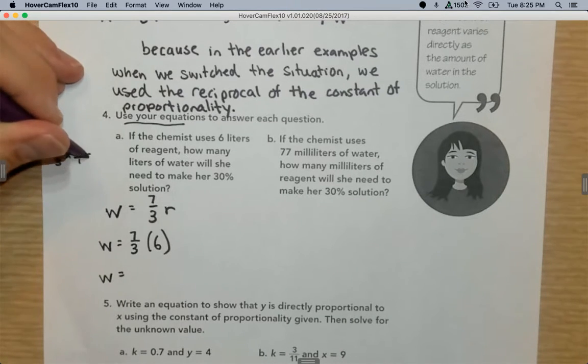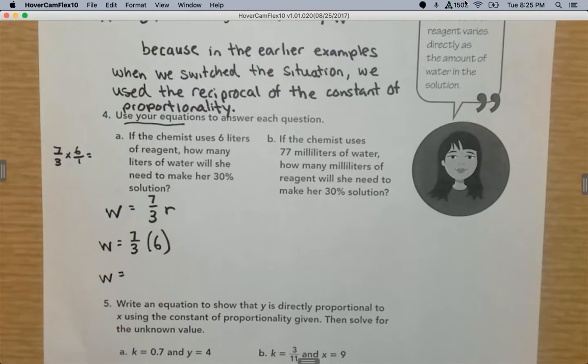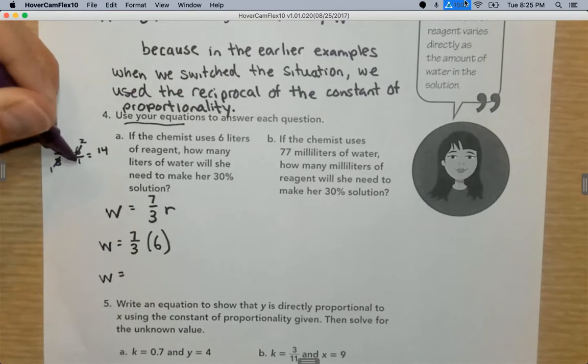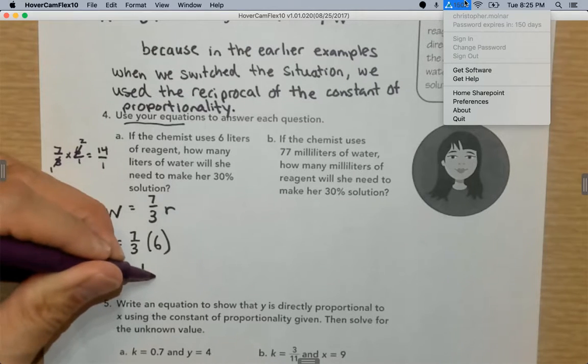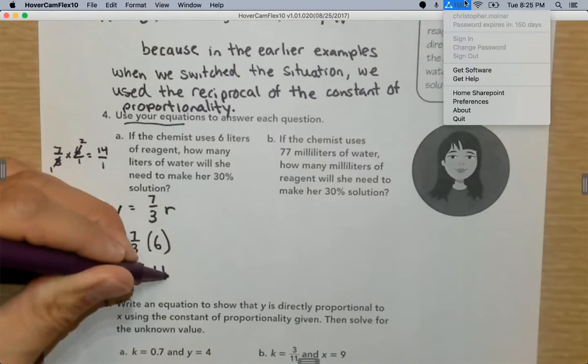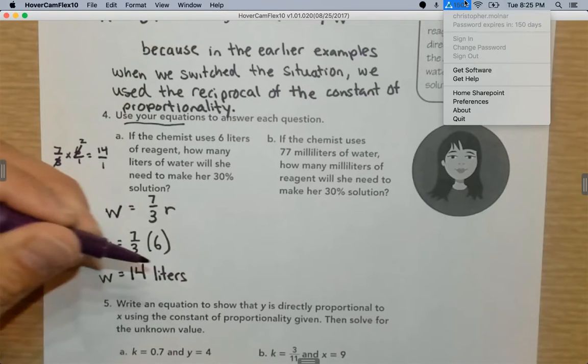I could multiply and reduce, but that's a pain, so I'm going to reduce first. 6/3 is the same as 6 divided by 3, which is the same as 2/1. They both have a common factor of 3, so I divided them both by 3. 7 times 2 is 14. 1 times 1 is 1. And so I would need 14 liters of water to have a 30% solution.